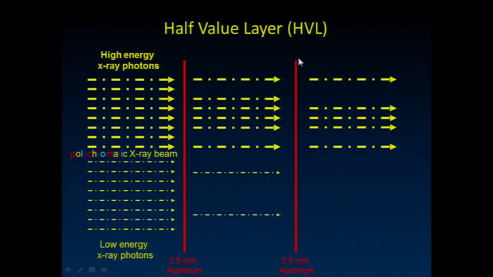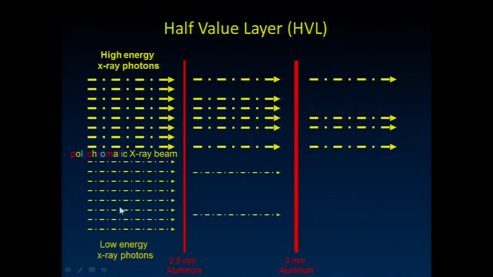So now we put another 2.5 millimeters of aluminum in front of that, and notice that now we don't drop the intensity of this X-ray beam by half. It's not quite dropped in half anymore because of this preponderance of the higher energy X-rays.